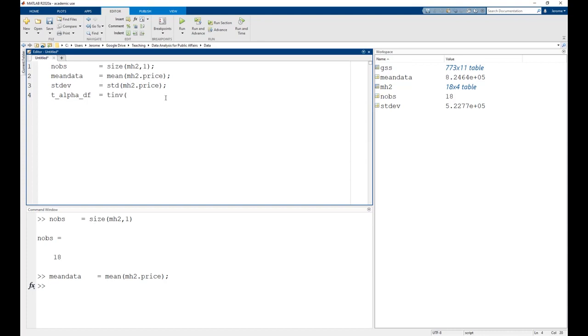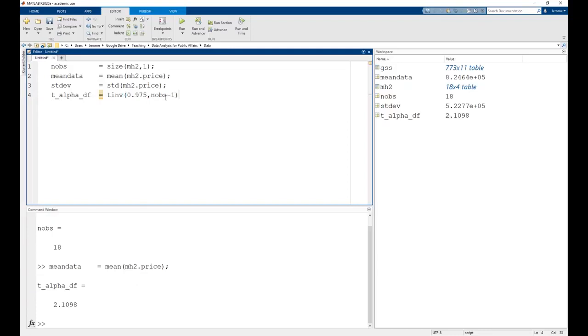As we have seen before, this is obtained by using the command tinv, by writing the percentage that you're interested in for one tail, because since the student distribution, like the normal, is symmetric, you can just go on one tail, comma, then the number of observations minus 1. And here you have the value of 2.1098.